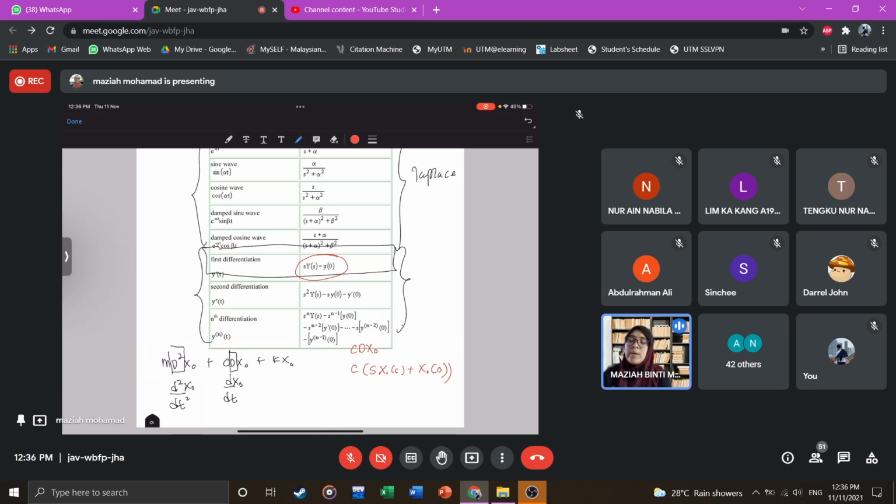Then we have our second differentiation. For example, we have m d square x naught, right here. That is in the form of second differentiation. So when we convert, it will become m multiplied by s square X naught(s) minus s x naught(0) minus x naught prime(0).